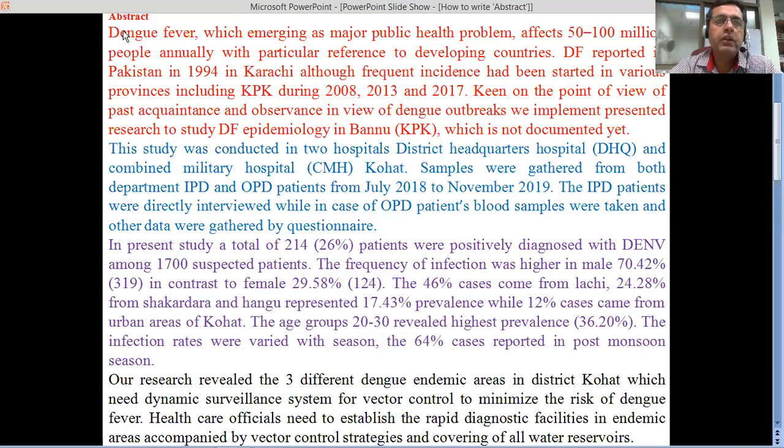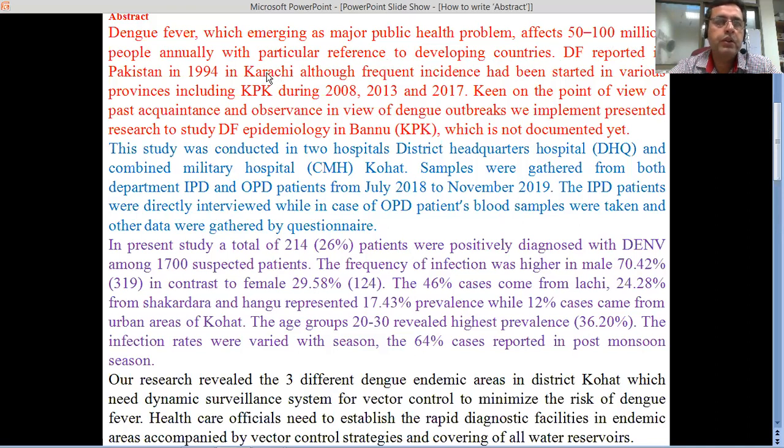So if we start with this red text that you see here, I would start reading it, then you would come to know what actually it is. Dengue fever, which emerging as major public health problem, affects 50 to 100 million people annually, with particular reference to developing countries.